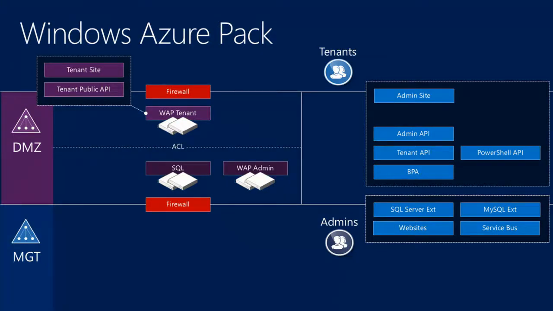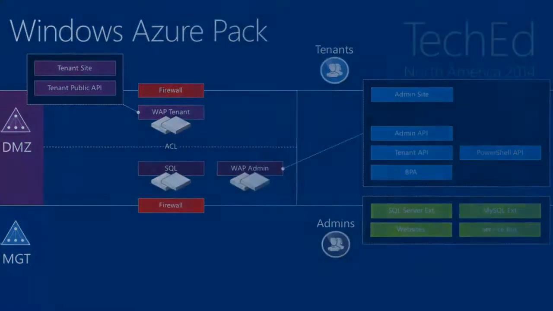Then all the other roles will go to the admin boxes, which you can scale out, and you can even select to distribute those roles against those admin boxes as well. This is the design that we usually see. For the other 4 extensions, you'll have to have a separate infrastructure. We won't handle this because I only have an hour.